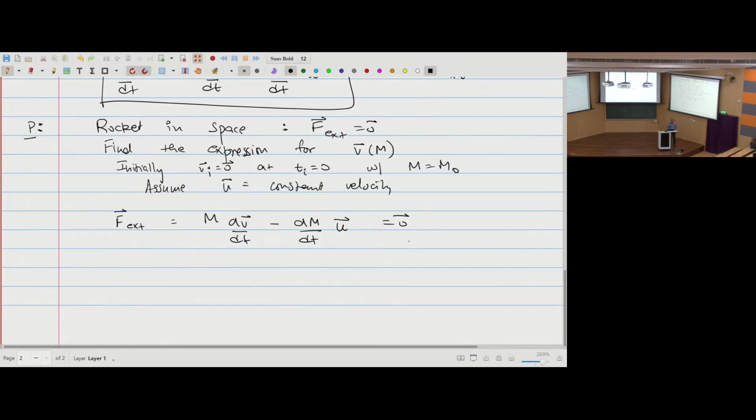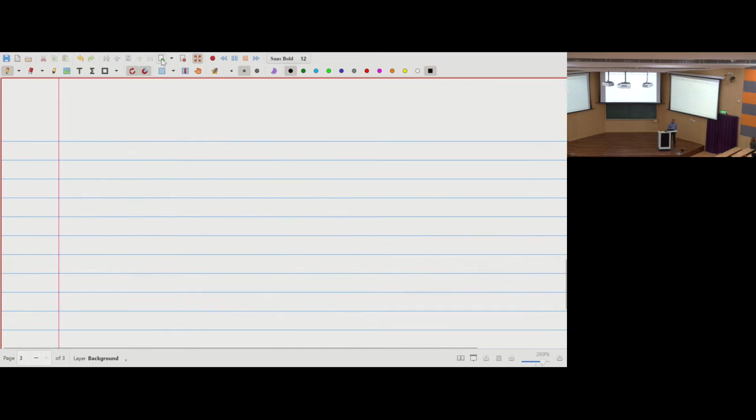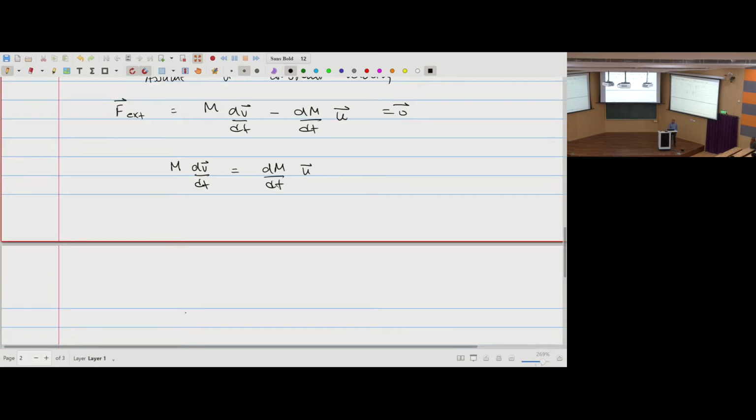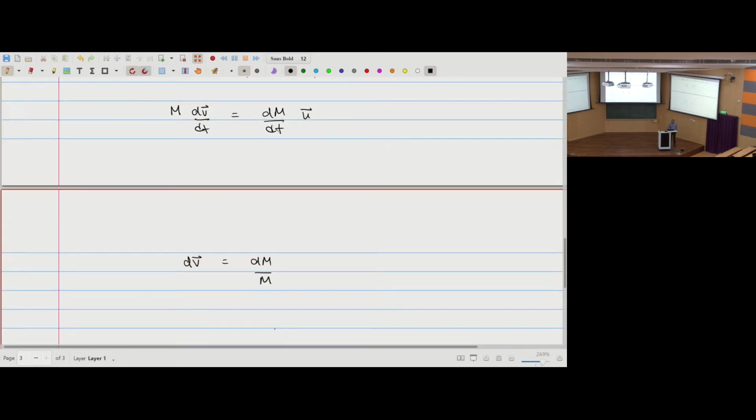So, what that gives us, so if we integrate this from an initial mass of m naught to m, and when the mass was m naught, the velocity was 0, to some general variable velocity v.